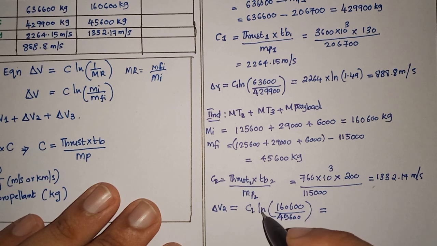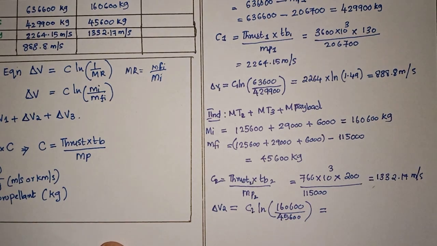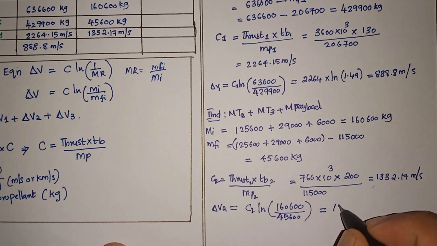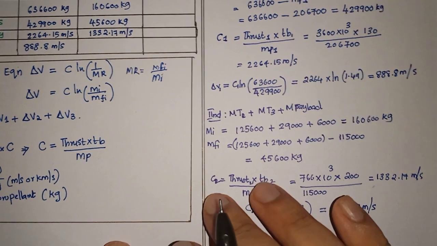So you have to take ln. In a scientific calculator, if you are using it, you have to take ln. Now, if you do this here, you are going to achieve a delta V value of around 1677.2 meters per second. Okay, you can fill it over here.